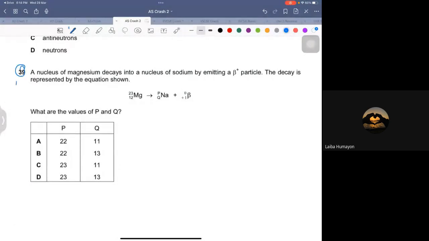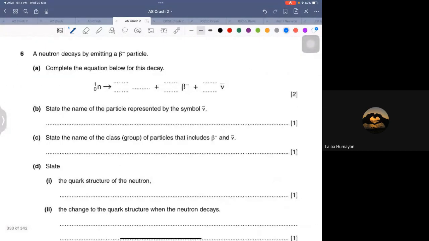Even if you don't remember this, you can find it if you remember that beta negative is 0 and negative 1 and anti-electron neutrino is 0 and 0. The mass will be 1 and charge has to be 1 to make it 0. So it has to be proton. State the name of the particle represented by this. Can somebody please tell me the name of the particle?